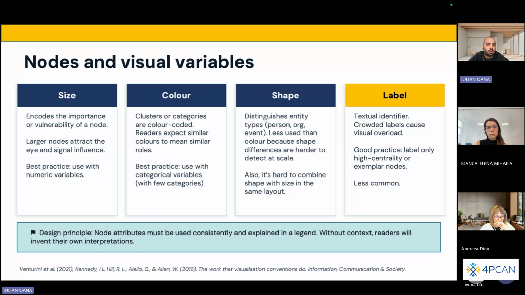Also, shape is less used because it is hard to combine with size in the same layout. Because if you want to transmit to the reader the importance or the influence of a node by its size, but you also use shapes, well, it's hard to distinguish between a triangle of size 5 and a square of size 6.